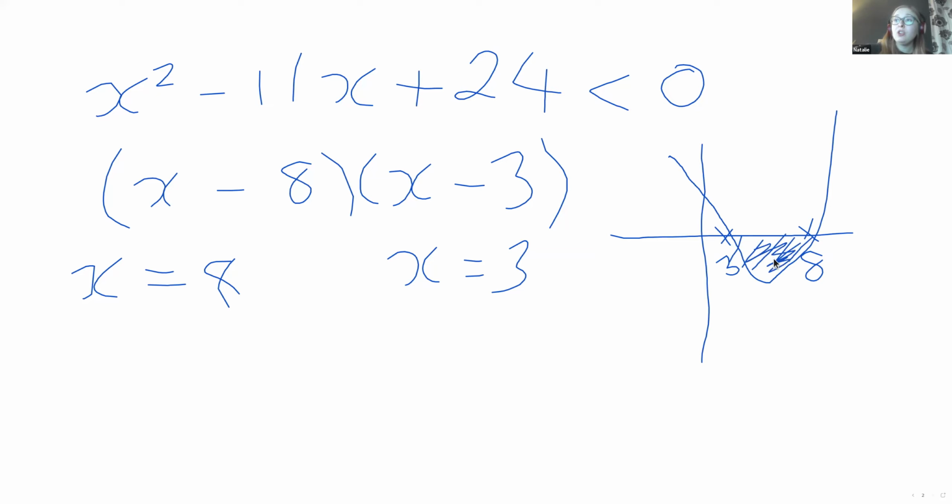That is this region underneath here. And for that region, x is between 3 and 8. So we say 3 is less than x, which is less than 8. If I was looking for greater than 0, it would be every other value.